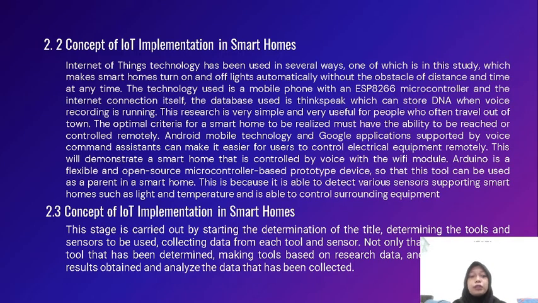Arduino is a flexible, open source, microcontroller-based prototype device, so this tool can be used in smart homes. This is because it is able to detect various sensors supporting smart homes, such as light and temperature, and is able to control surrounding equipment.